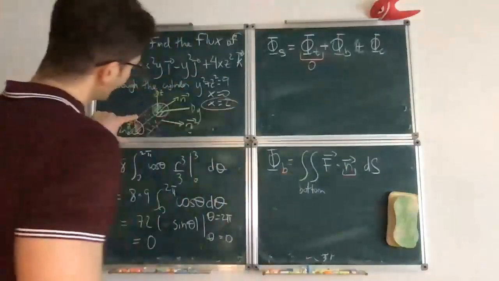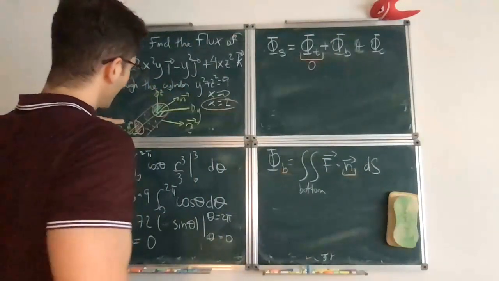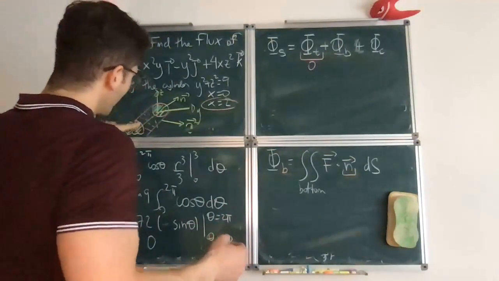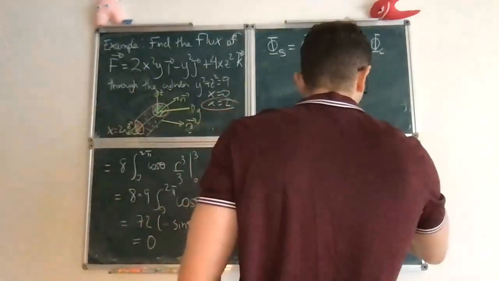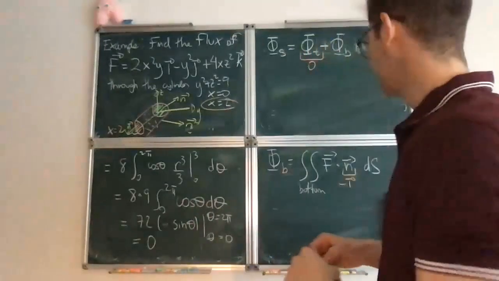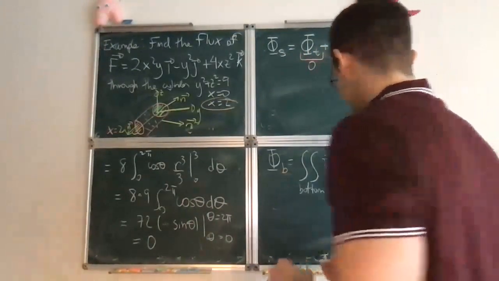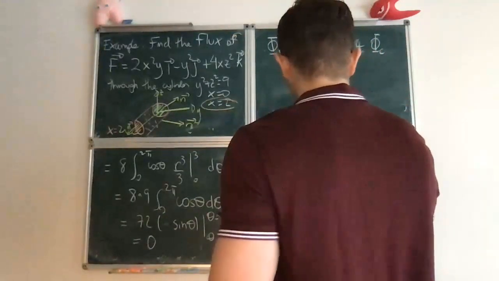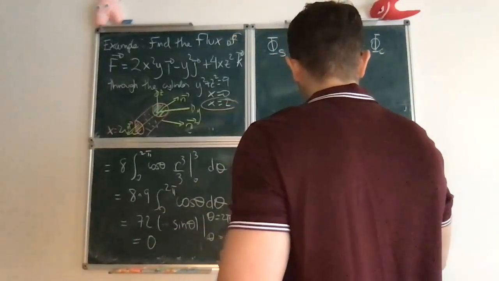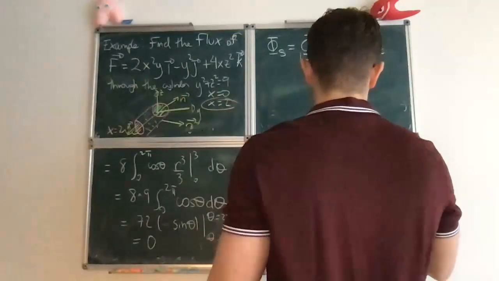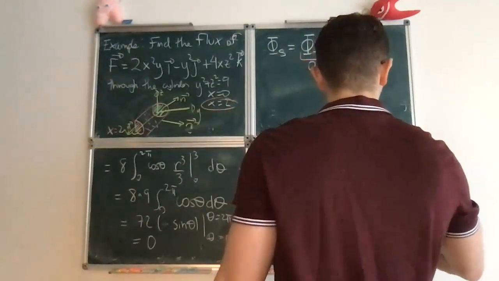As I was saying, we're taking the normal vector to be pointing away from the interior of the cylinder. So really, now the normal vector is minus i. And so another time you get minus the integral over the bottom piece of what survives here, which is 2x squared y ds.